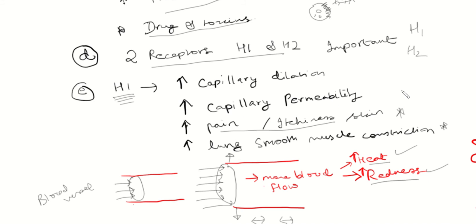What else does this histamine do in the immune response other than the inflammatory response? It attracts neutrophils and macrophages. So remember, neutrophils and macrophages are both myeloid cells. Neutrophil is a granulocyte.